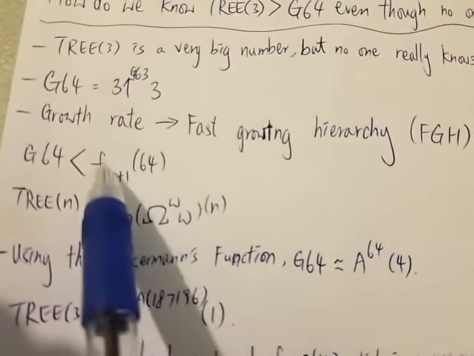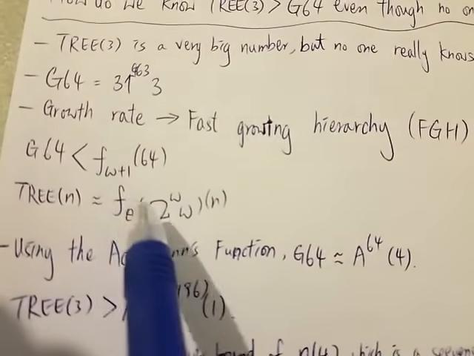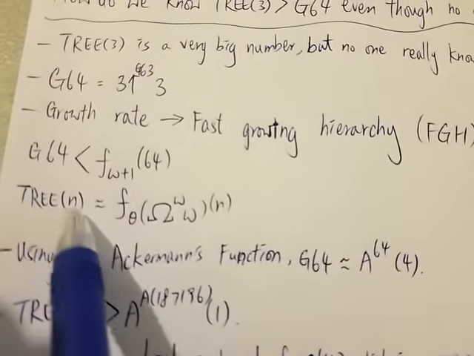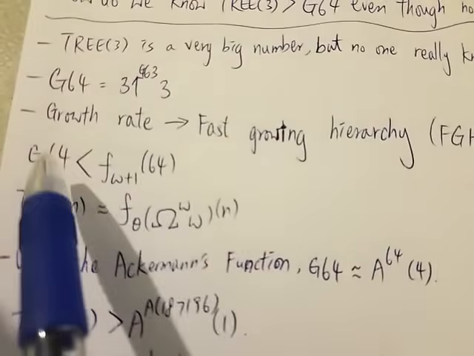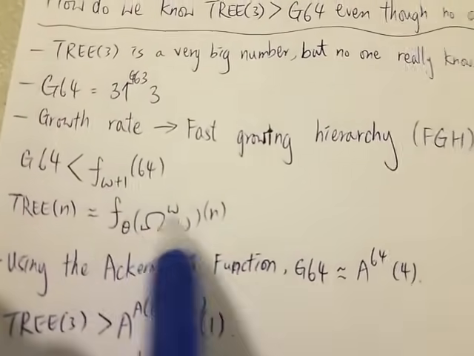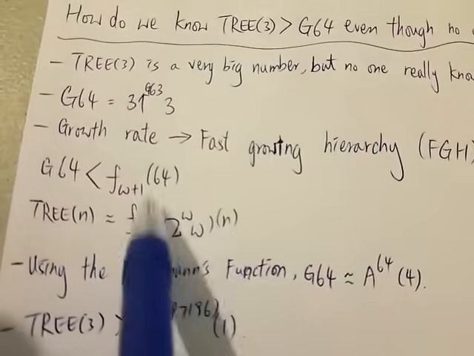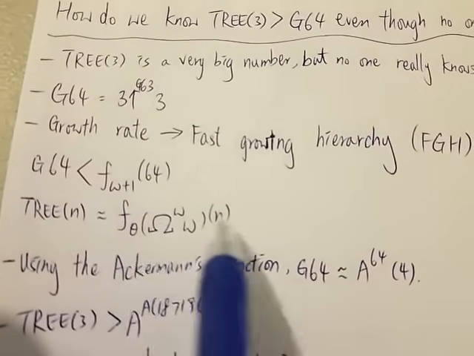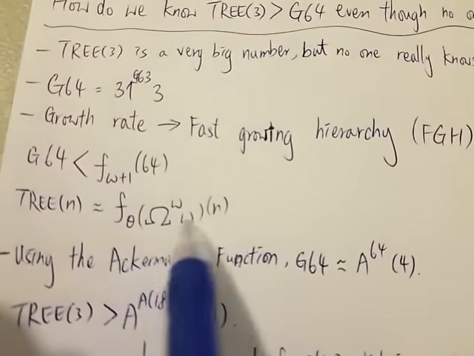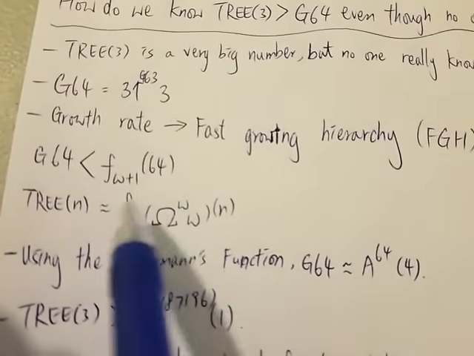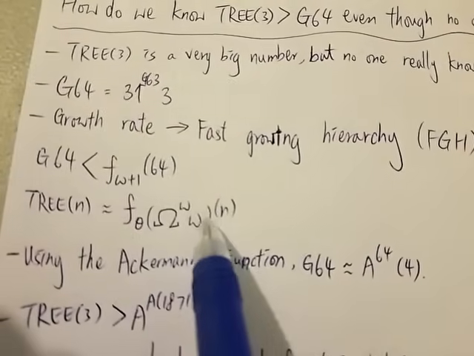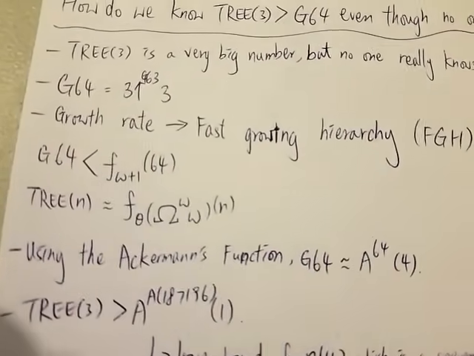In other words, by just looking at these two things, we can see that the TREE function grows much faster than G64. This thing here is a bit hard to understand, but right now we just need to know this thing over here is much bigger than this over here. So this function grows much faster than this.